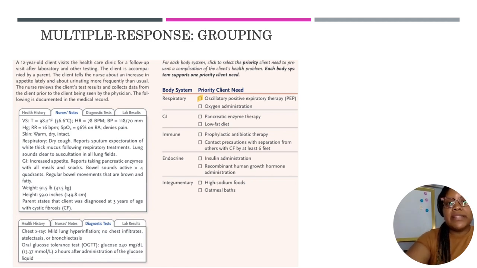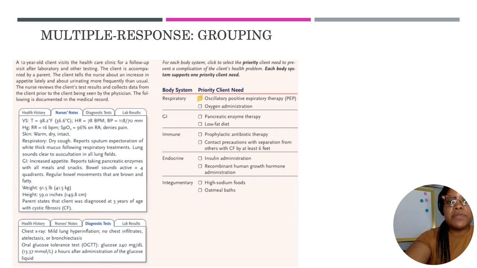Let's go to the next body system, GI. So we look in the GI section in our nurse's notes. It says that the patient has an increased appetite and reports taking pancreatic enzymes with all meals and snacks. Bowel sounds are active, and they have regular bowel movements that are brown and fatty. So which is priority? A low-fat diet or pancreatic enzyme therapy?